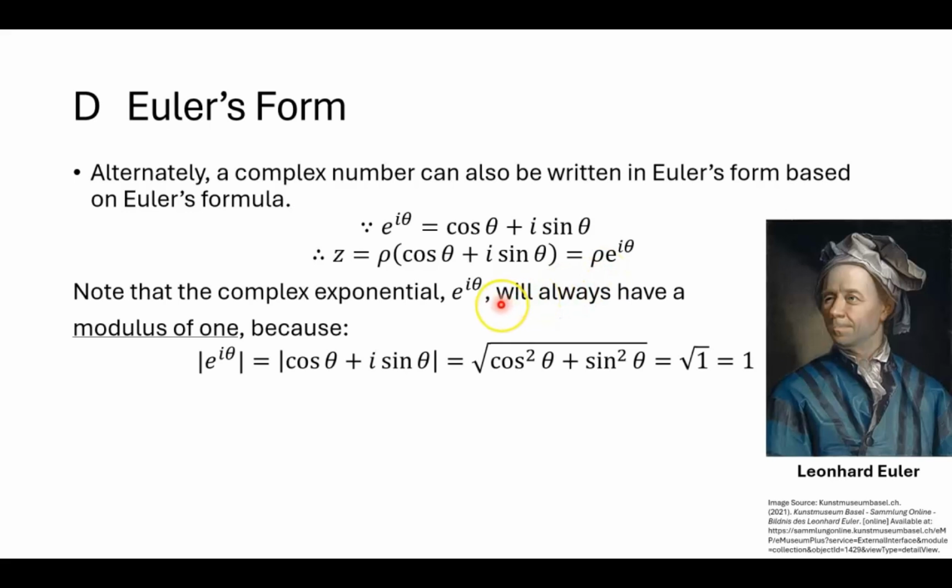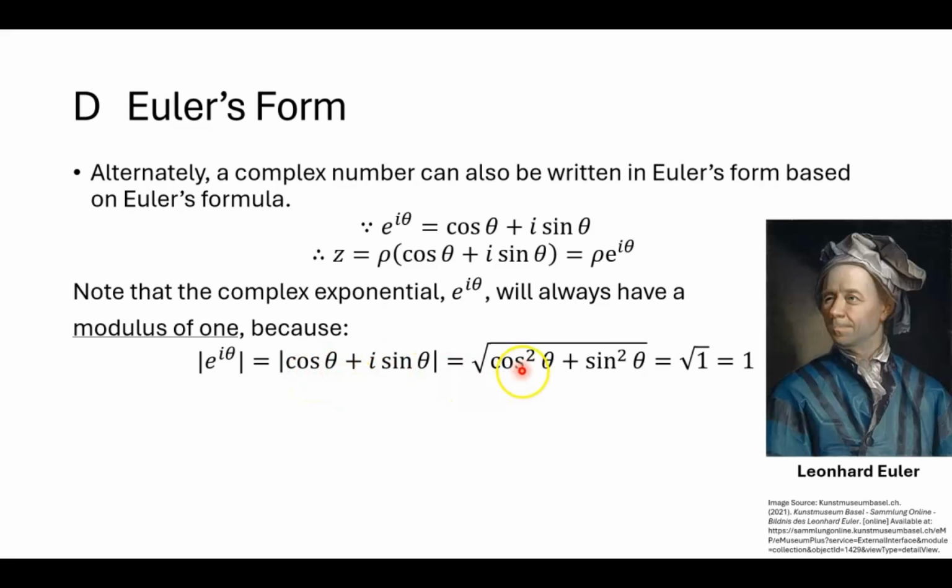An important thing to note is that the complex exponential, e to the power of i theta, will always have a modulus of 1. If you take the modulus of this and use Euler's formula, it's the same as taking the modulus of cosine of theta plus i sine of theta.